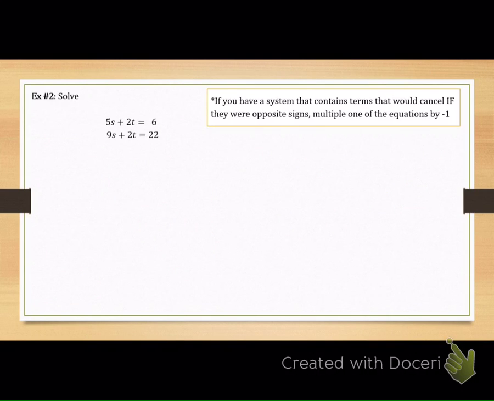All right, so again, both equations need to be in standard form. So that means that it's ax plus by equals c. Are these both in standard form for elimination? Yes. And this time we don't have x and y, we have s and t. So when we do our ordered pair, it's going to be s comma t because that's alphabetical.